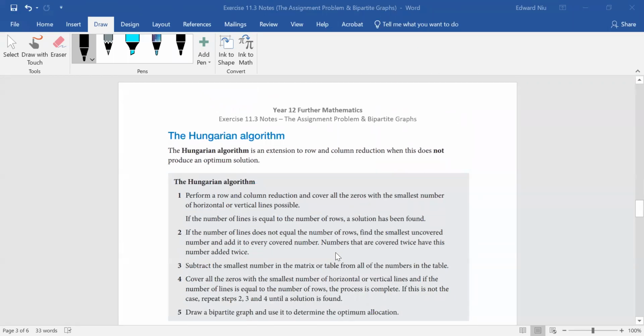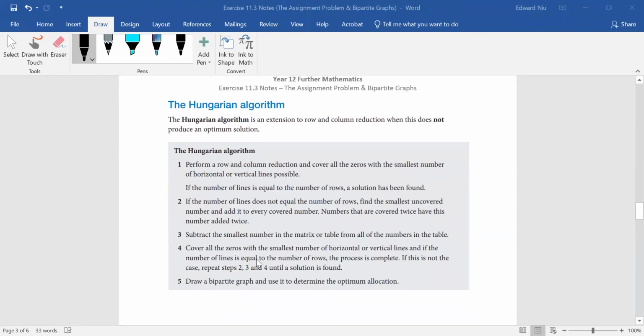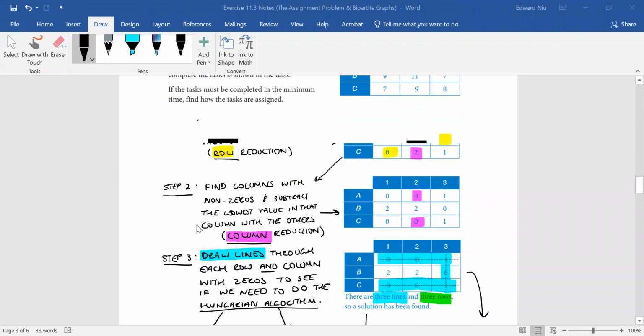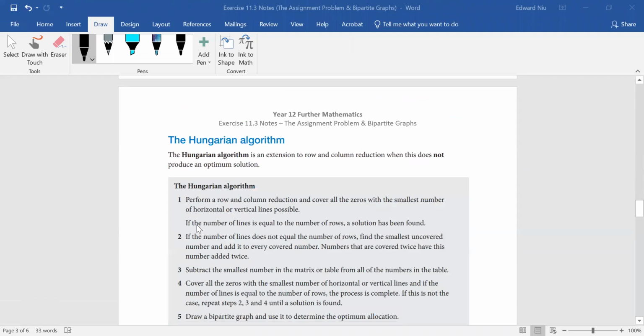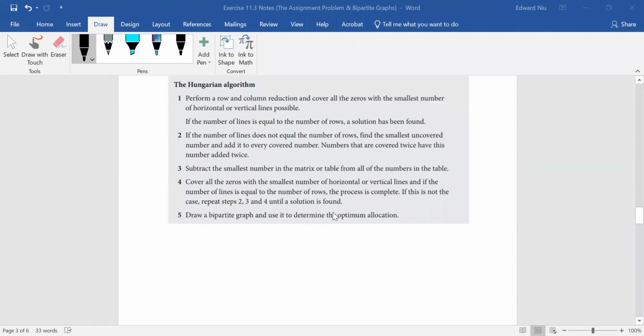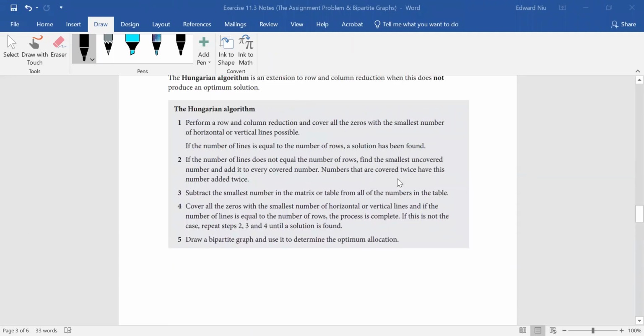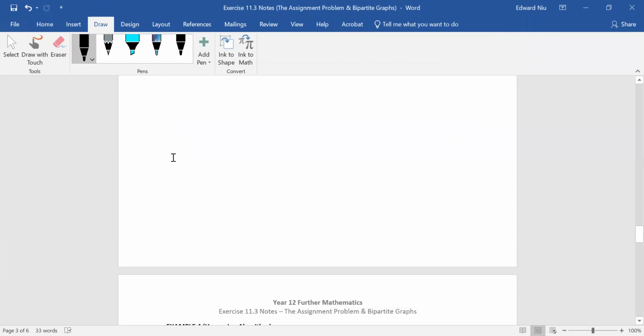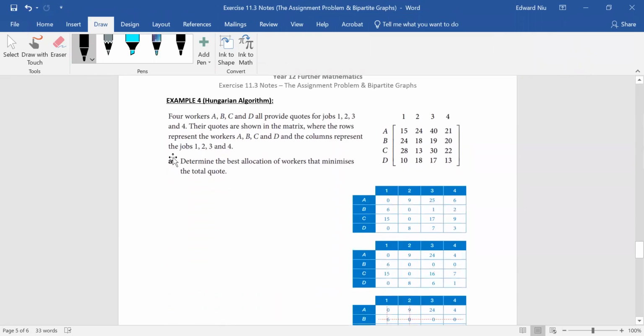Now, this little extension is just essentially 2 extra steps to what we just did. It's hard to read all this and make sense of it without an example. So let's go down and do an example.